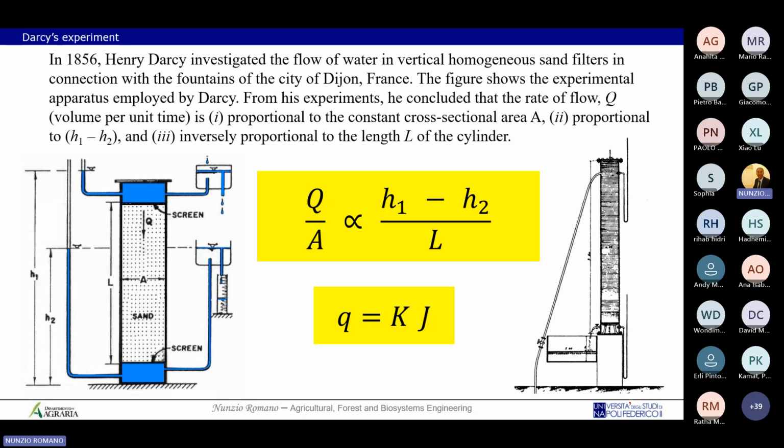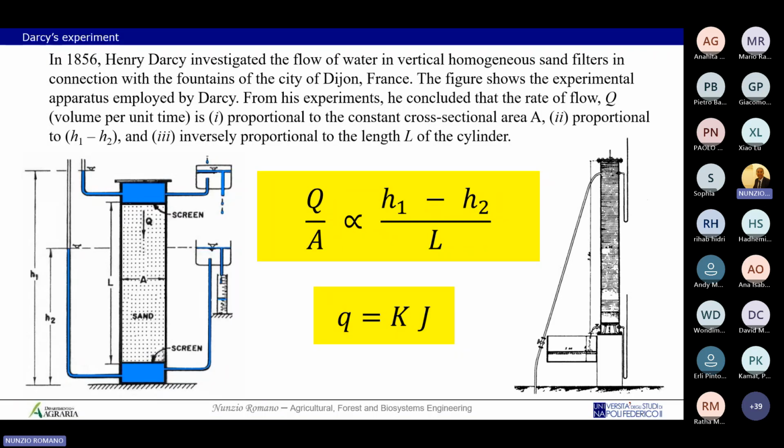Which energy? H1 is the total energy, the sum of the pressure potential and the gravitational potential. Of course, in order for water to move from top to bottom, the total potential at the bottom of the cylinder, H2, is less than H1.